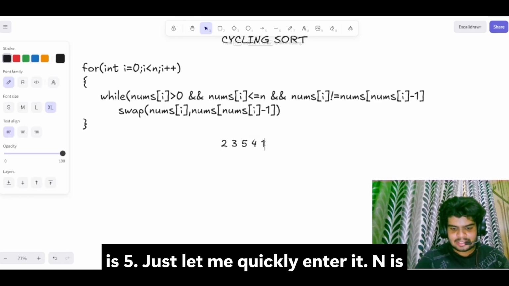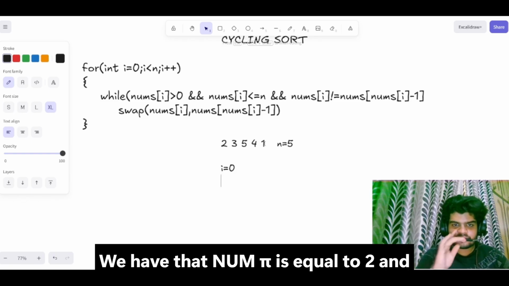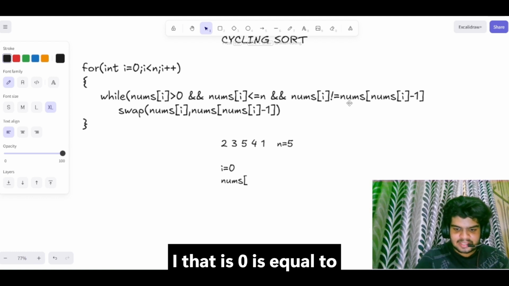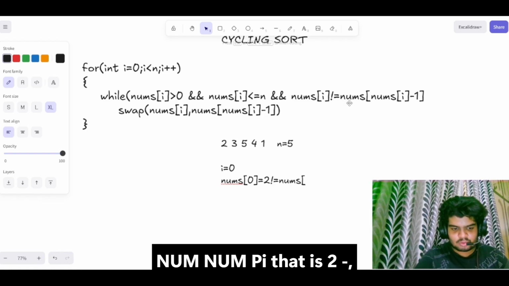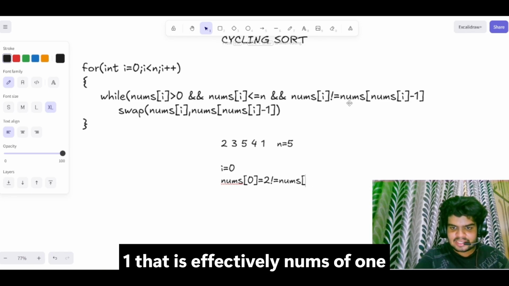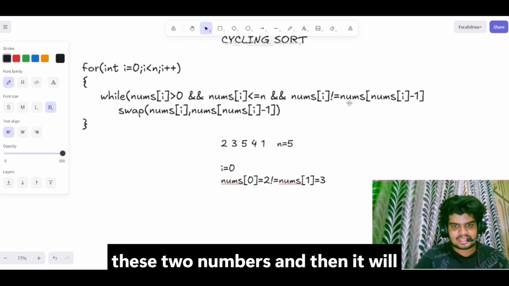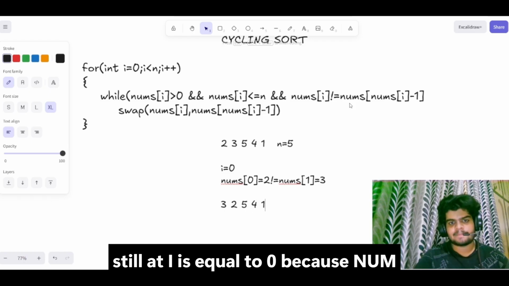So for i equals 0, we have nums[i] equal to 2, and it is not equal to nums[nums[i] - 1], that is 2 minus 1, effectively nums[1], that is 3. So we'll just swap these two numbers, and then it will become 3 2 5 4 1.